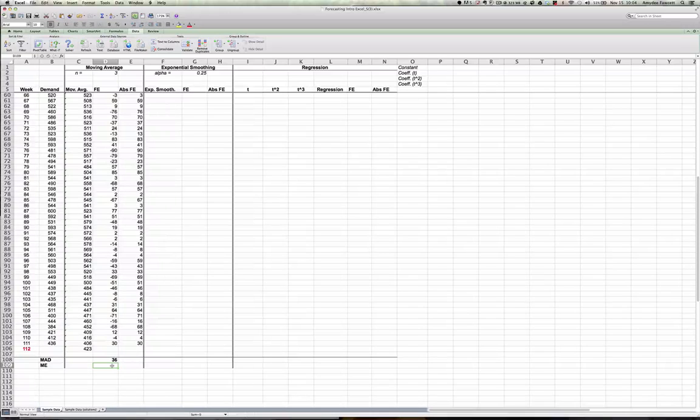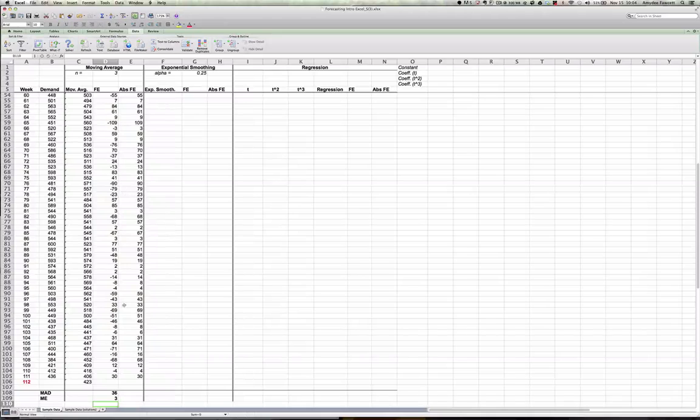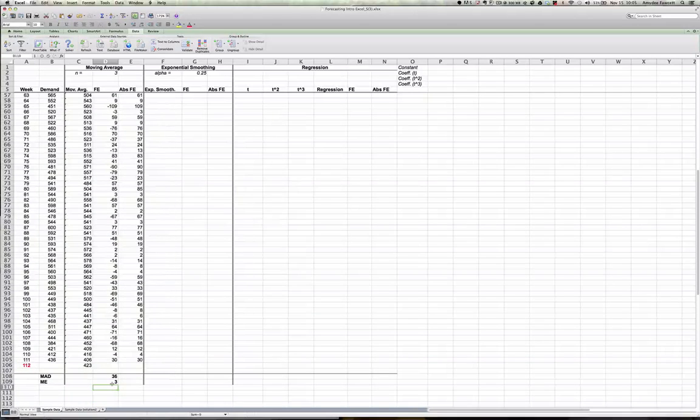At the same time, I can also calculate a mean error, and the mean error tells me something else. But first of all, let's calculate it. It is the average of my nominal forecast errors. In this case, I'm looking at 3 units. Now to interpret this number, we need to think a little more carefully here. So recall that I calculated forecast errors as actual demand observation minus the associated forecast.